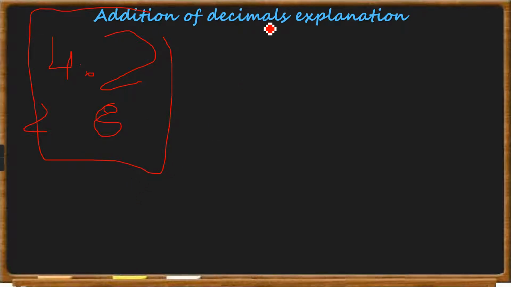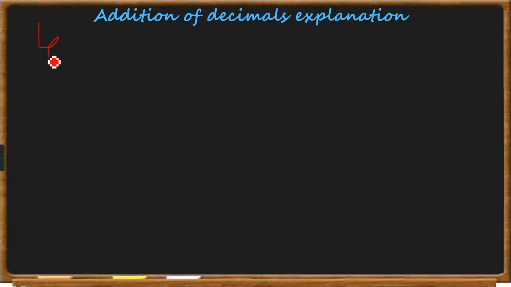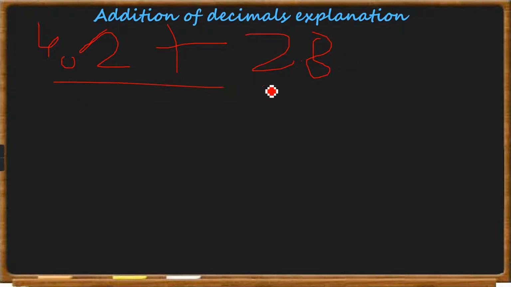So how will you solve it? In this, first you should know the arrangement of these numbers, how you need to put them for adding, how you need to make this sum for calculating.